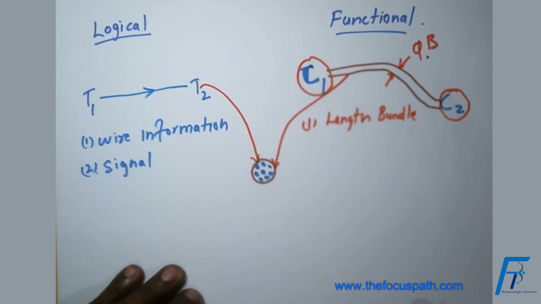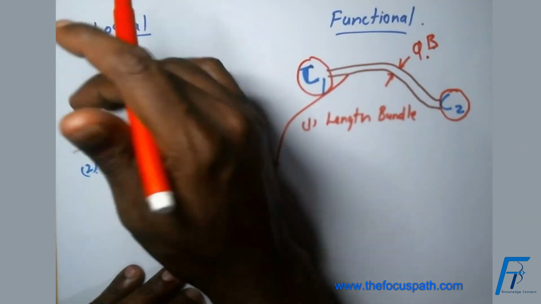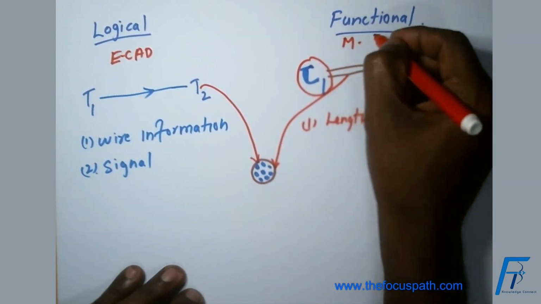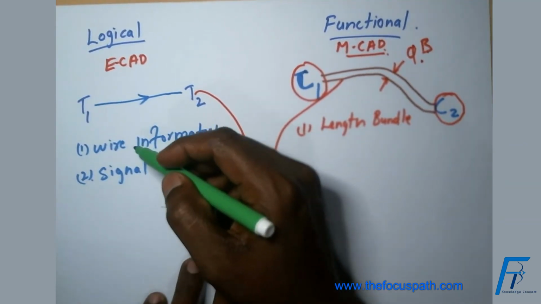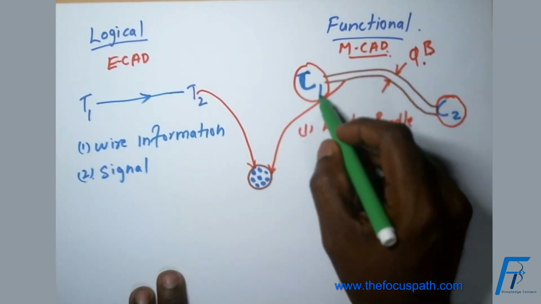That means there should be a seamless integration between ECAD, that's what we call ECAD, and MCAD. Now, why is this integration important? Because of the different data exchange and file formats. For example, here we are talking in terms of T1 and T2, whereas there we are talking about C1 and C2.